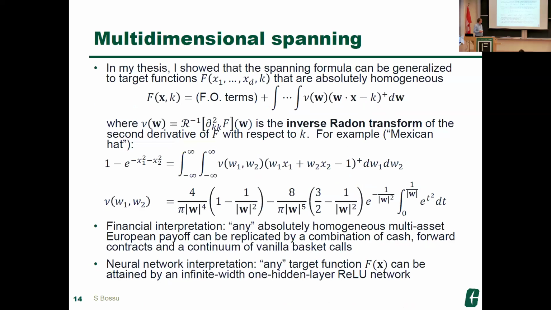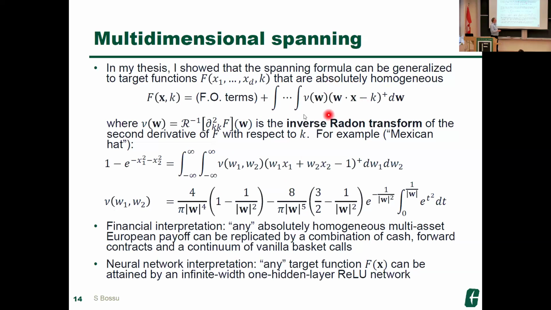And in my thesis, I looked into the more ambitious problem of multi-dimensional, so multi-asset, spanning. In this case, we have a vector of prices for the payoff F that you're trying to predict or replicate. Then there are first order terms, the cash and underlying assets, plus a multiple integral.